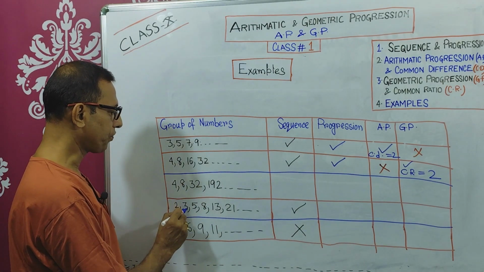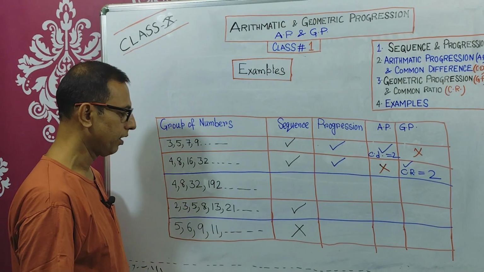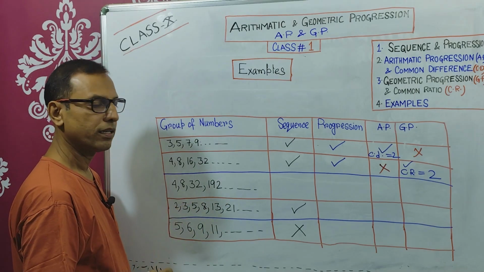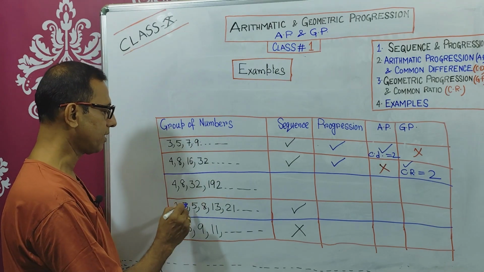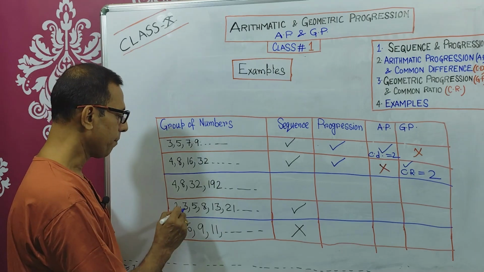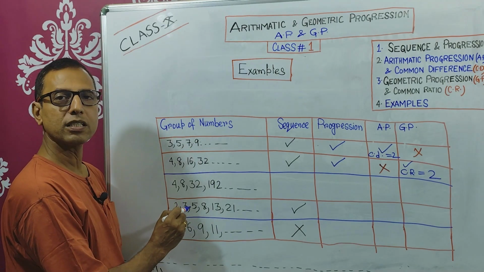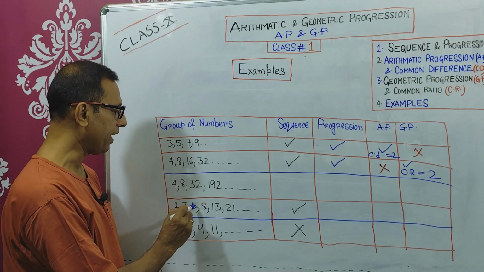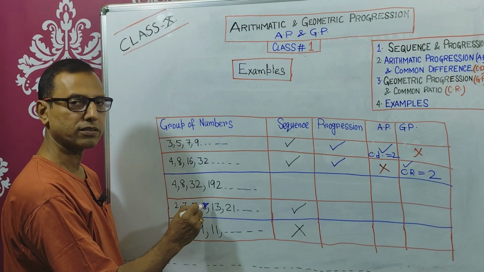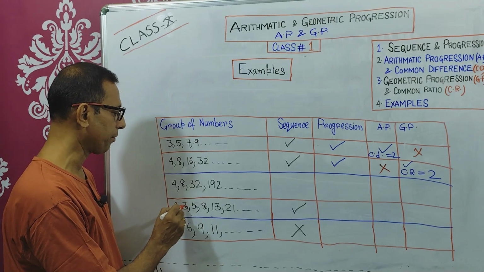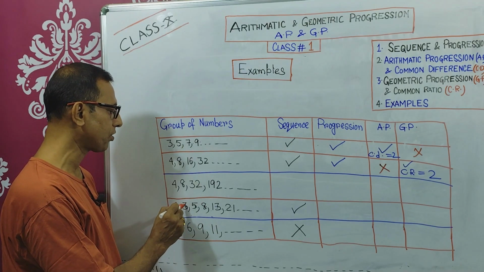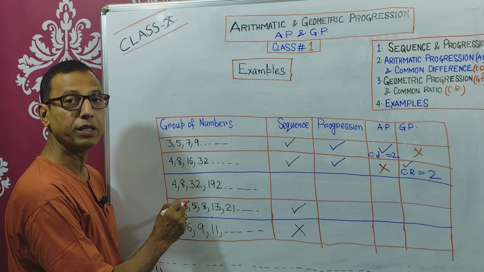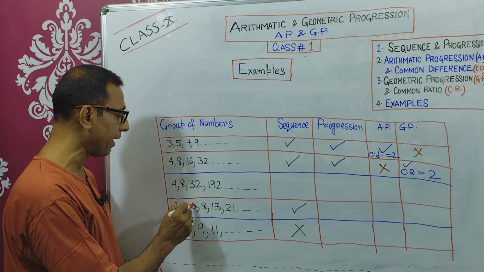Now in 2, 3, 5, 8, 13, 21, in this particular group of numbers we can see it is a sequence, but we don't see any uniform relationship of any term with its predecessor or successor. There is no uniform relationship between two consecutive terms or of any element.